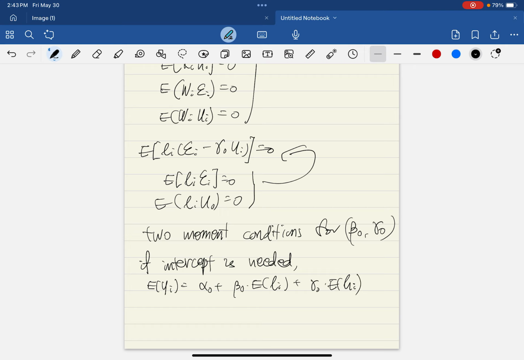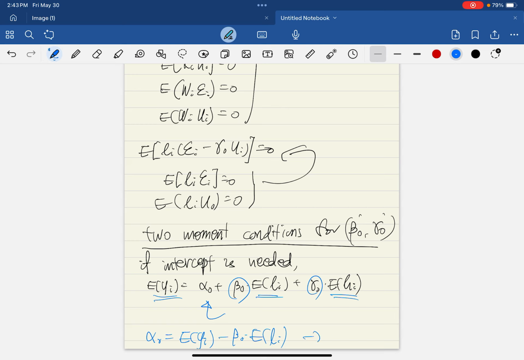So those two moment conditions identify beta and gamma. So these are identified, and those expectations are of course identified. Then alpha is identified from this relationship. Alpha 0 is expectation of y minus identified beta times expectation of L minus identified gamma times expectation of H.